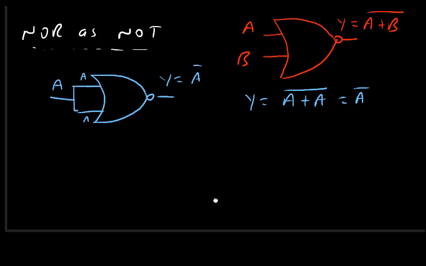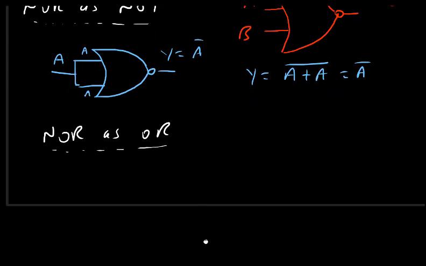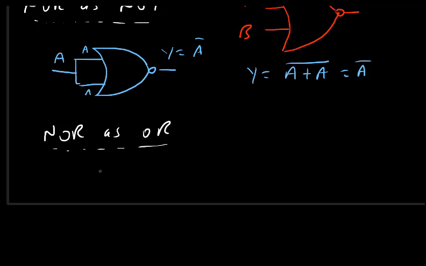Now second is NOR as OR. For NOR as OR, we take two gates. This is the first one.